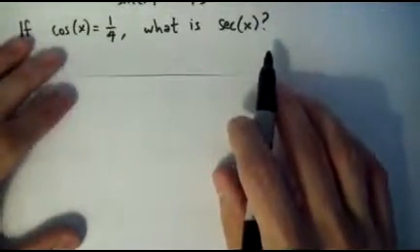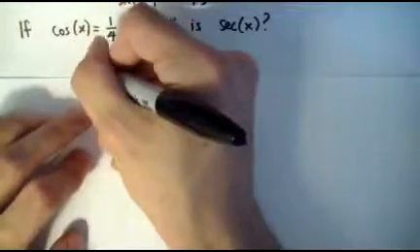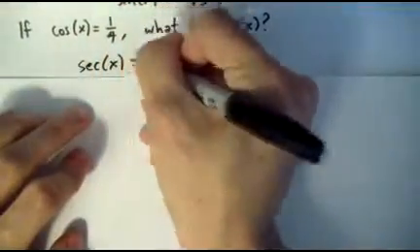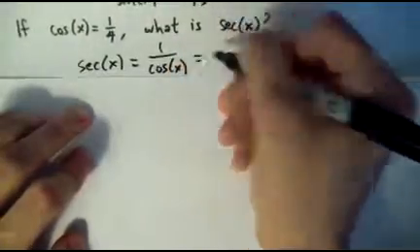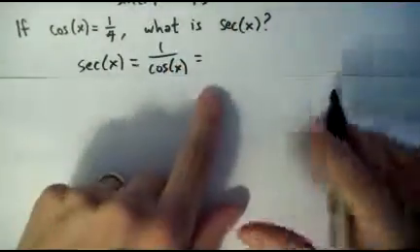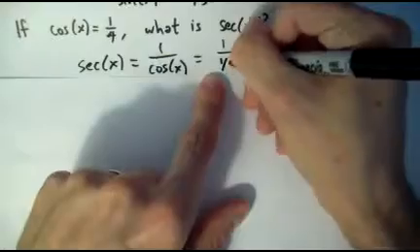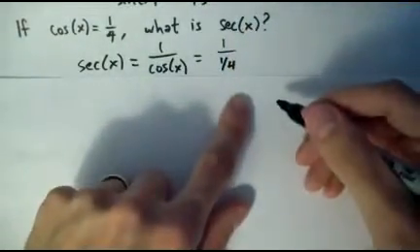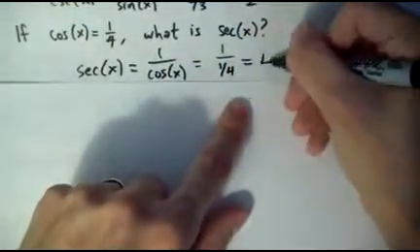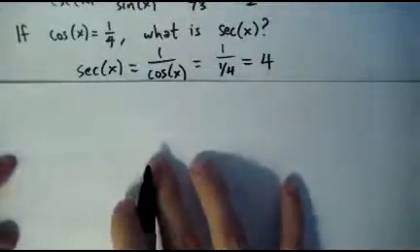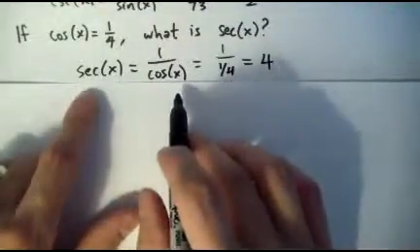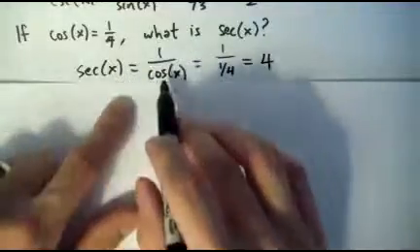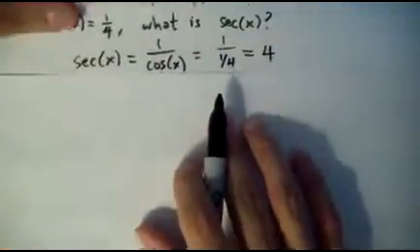Well, remember, secant is just 1 over cosine. And so we get 1 over 1/4, and that's just 4. So again, these are straightforward, but it allows us to quickly find one function value given the other, and that's why this is useful.